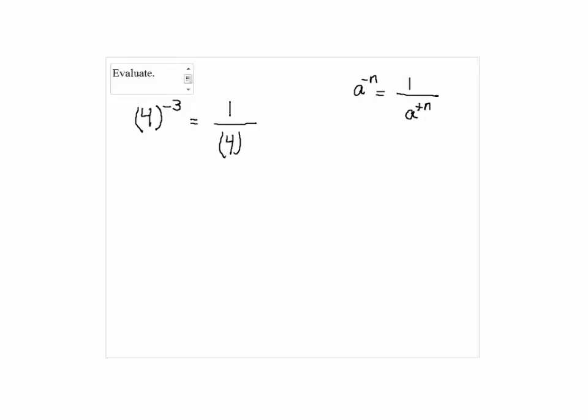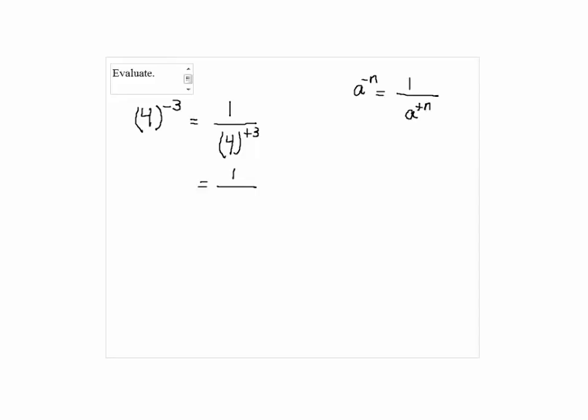So here our base is 4, our exponent is -3. We can make the -3 to be +3 by writing this as 1 over 4 to the power of 3.